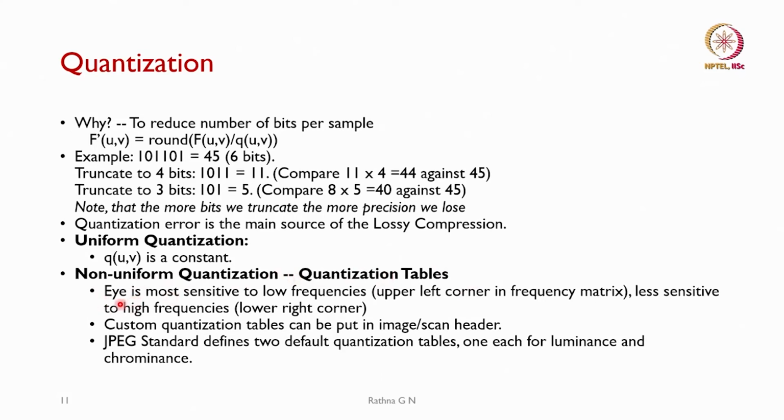The eye is most sensitive to low frequencies, the upper left corner in the frequency matrix, and less sensitive to high frequencies, the lower right corner. Custom quantization tables can be put in an image scan header to say what kind of quantization was incorporated. The JPEG standard defines 2 default quantization tables, one each for luminance and chrominance.